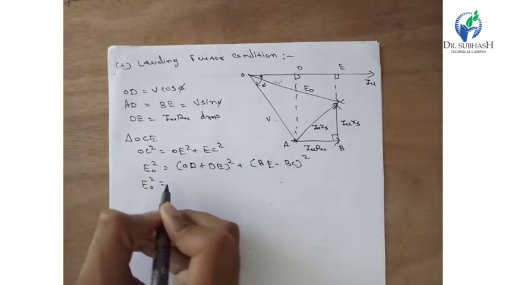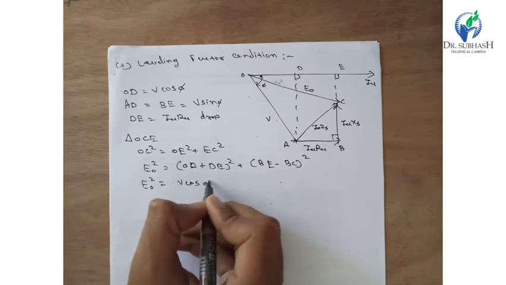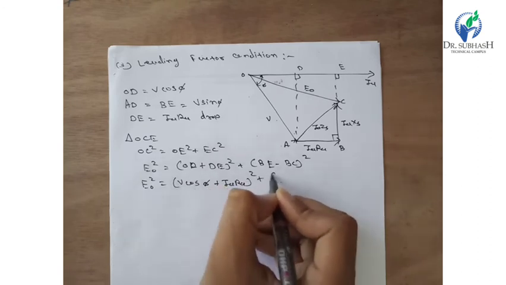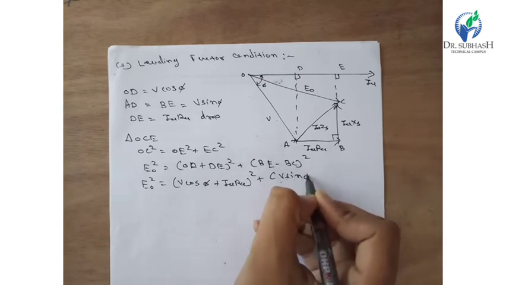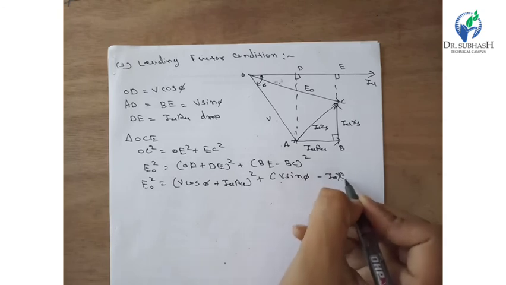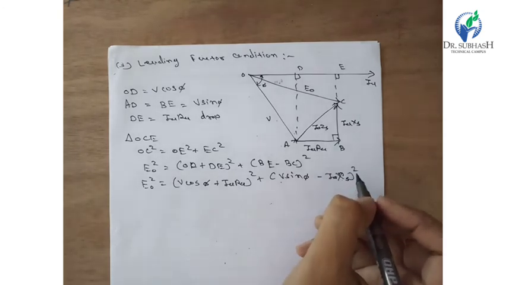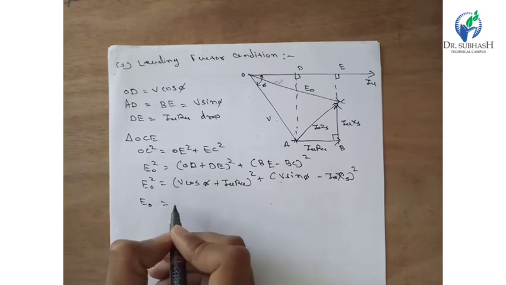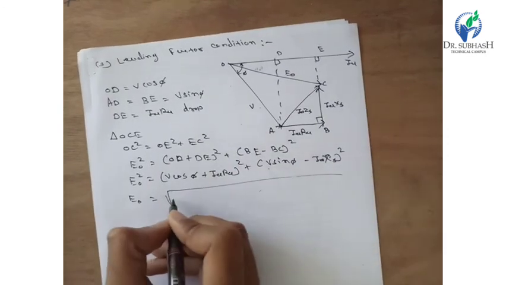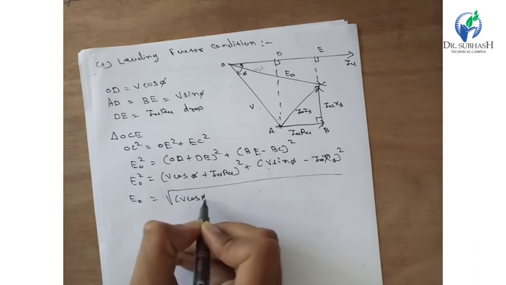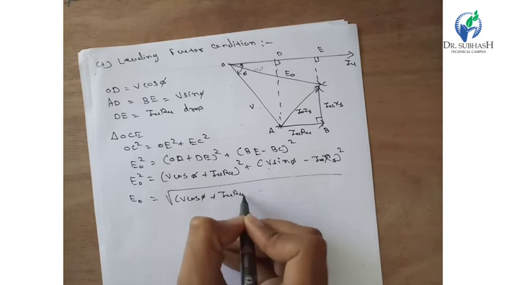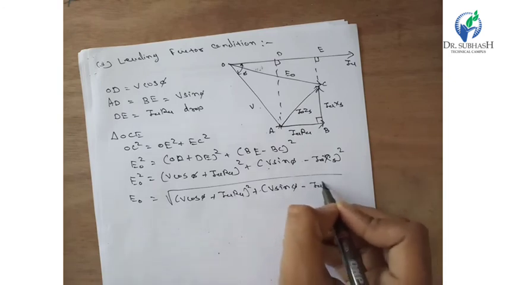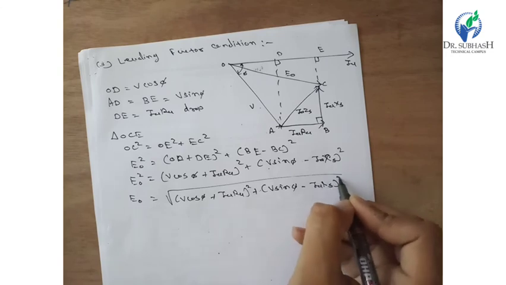So E0 square is equal to (V cos phi plus Ia into Ra) square plus (V sin phi minus Ia into Xs) square.